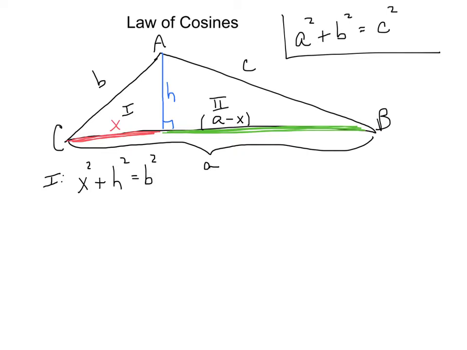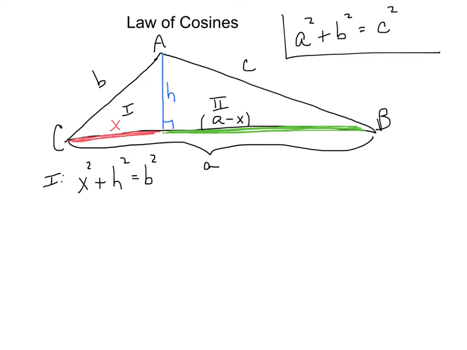In triangle number 2, over here, same thing. I'm going to have a squared plus b squared equals c squared. And in this case, this hypotenuse is labeled c. I'm going to use these two for a and b.